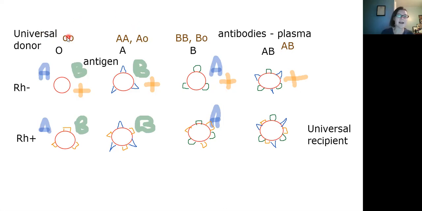An O person has to give their child an O gene. So their kids could be O, AO, BO, but not AB. And the AB person has to give their child either an A or a B, which means they cannot have a child with O. That's important to note.